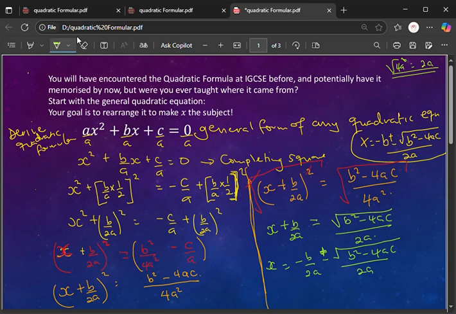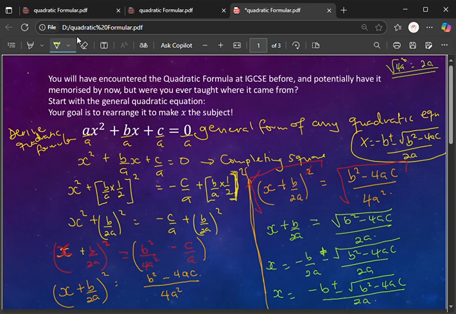Now because these 2a are both a common denominator, we shall have negative b plus or minus root b squared minus 4ac, all over 2a.